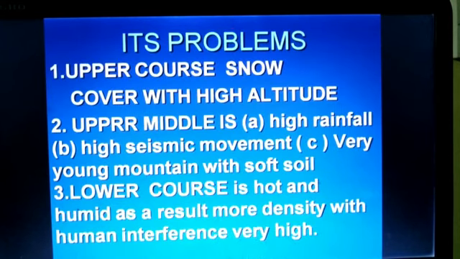Its problem: upper course has snow cover with high altitude, upper middle has high rainfall, high seismic movement, a very young mountain system, and lower course has a hot and humid climate. As a result, very high human interference and density of population.